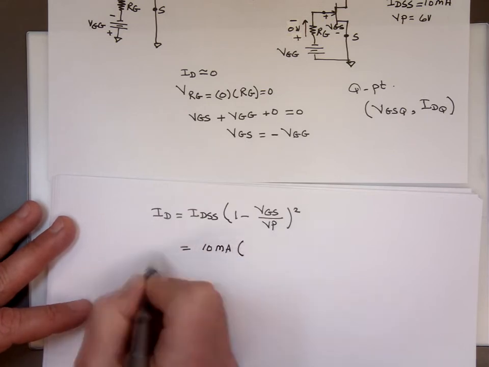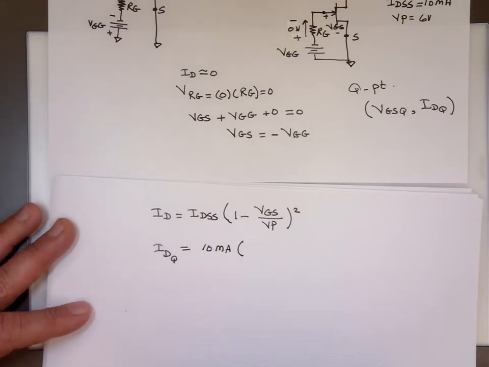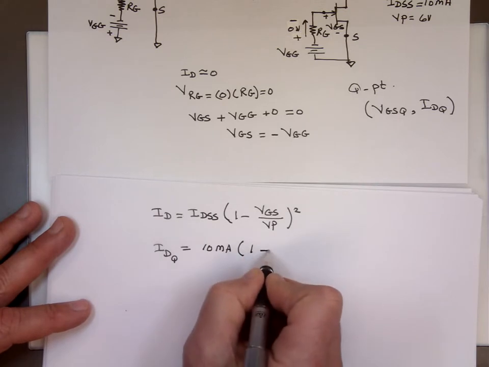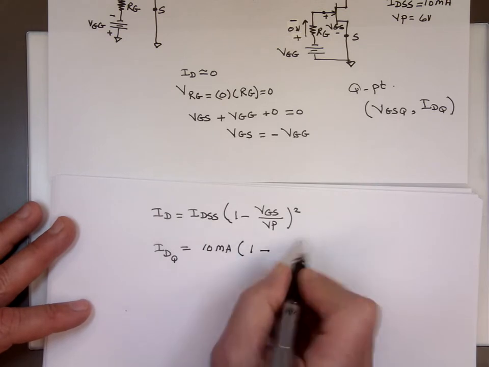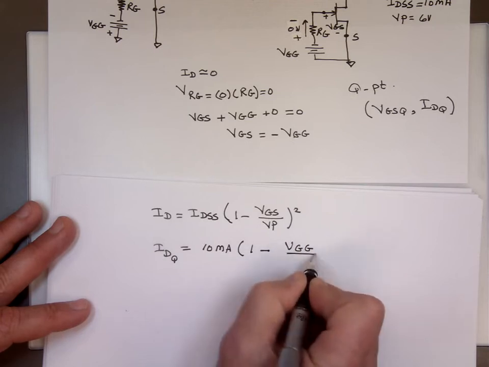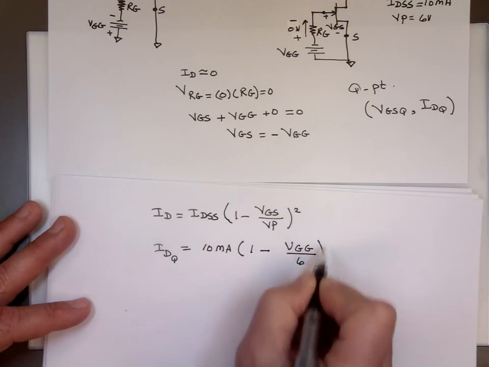ID at the Q point is going to be 10 milliamp times 1 minus VGG divided by VP, which is the 6 volts, and you're going to square that.